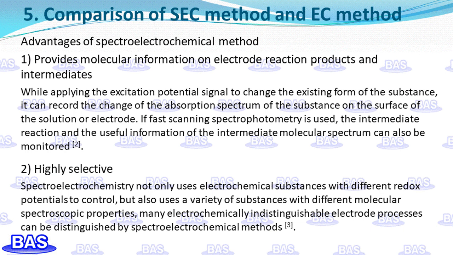The intermediate reaction and the useful information of the intermediate molecular spectrum can also be monitored. Second, high selectivity. Spectroelectrochemistry not only uses electrochemical substances with different redox potentials to control, but also uses a variety of substances with different molecular spectroscopic properties. Many electrochemically indistinguishable electrode processes can be distinguished by spectroelectrochemical methods.